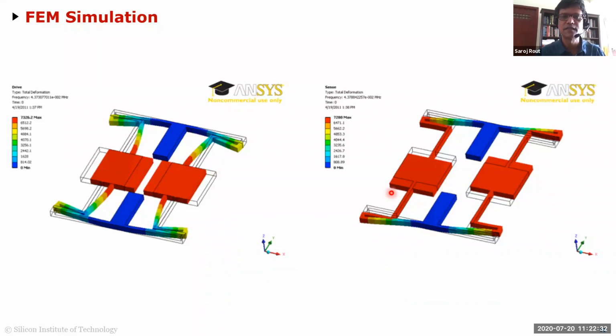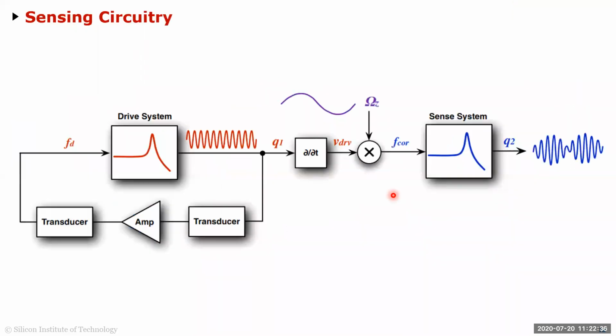That changes the capacitance, and that changes the amplitude of your oscillation, and so on. And again, you use circuitry, some sort of RF modulation and demodulation system, where you actually drive this MEMS system, which oscillates at a certain frequency. And then when you add angular momentum, the amplitude of that oscillation changes. You demodulate that amplitude, and that amplitude is directly proportional to your angular velocity.